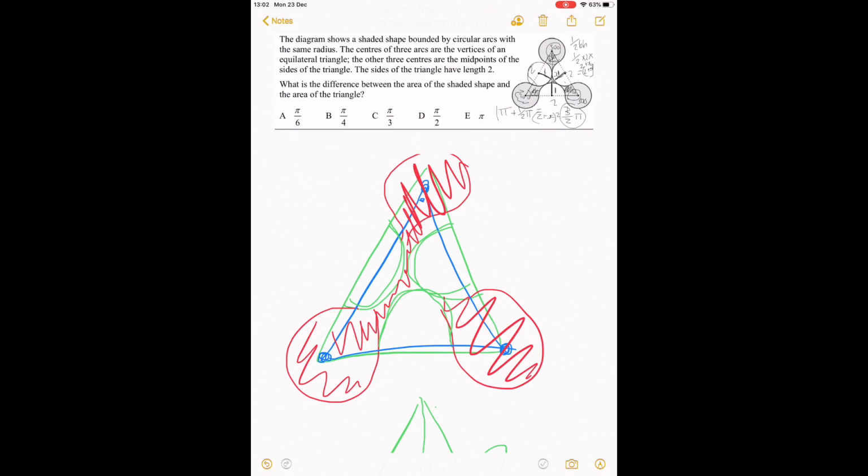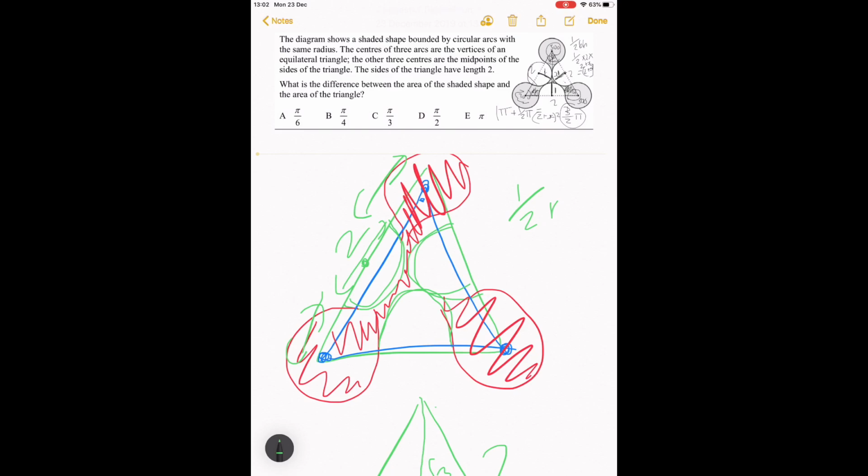So if we have a side length of 2, and we have 2 diameters on a side length of 2, then one diameter would have to equal 1, and a radius would just be half of that. So we've proved that the radius is half.